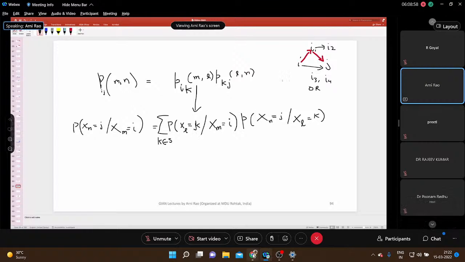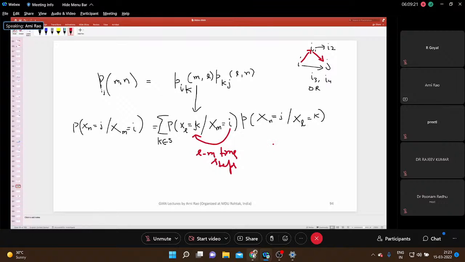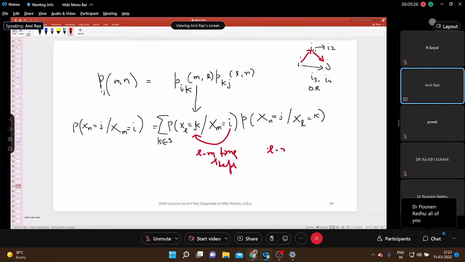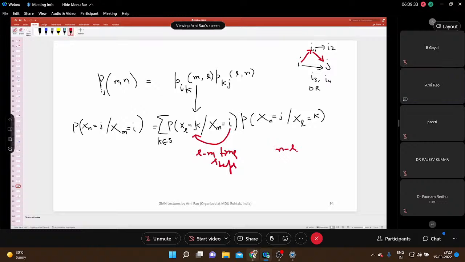See that here: i to k in how many steps? L minus m time steps. And k to j in n minus L time steps.